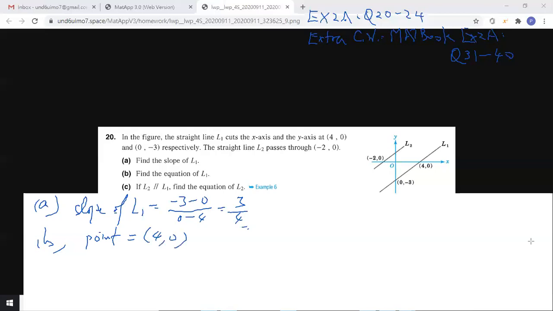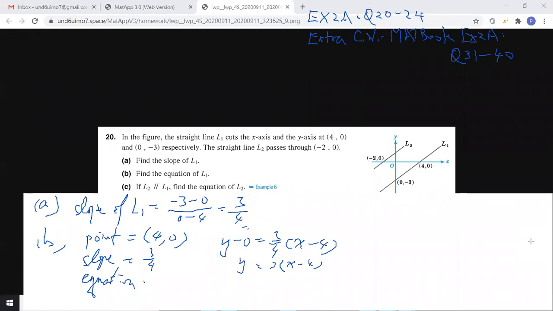Slope is 3/4, and then the equation will be y minus y1, y minus 0 equals m times x minus x1. So y equals 3(x minus 4) over 4, and then you multiply the 4 to the left-hand side, and then 4y is equal to 3x minus 12.